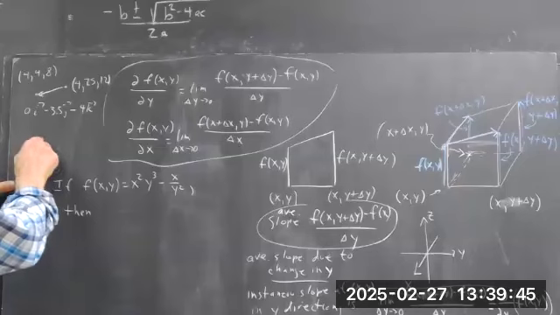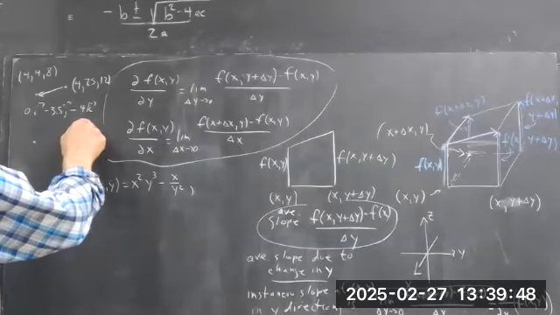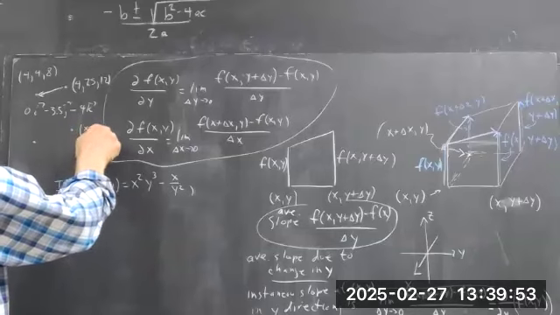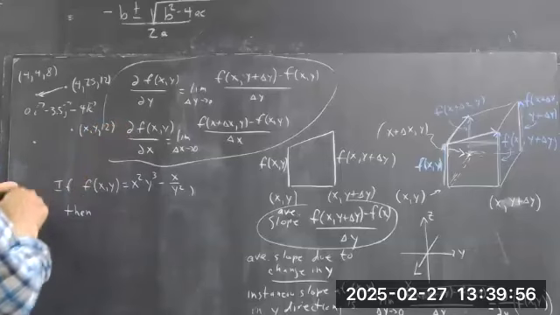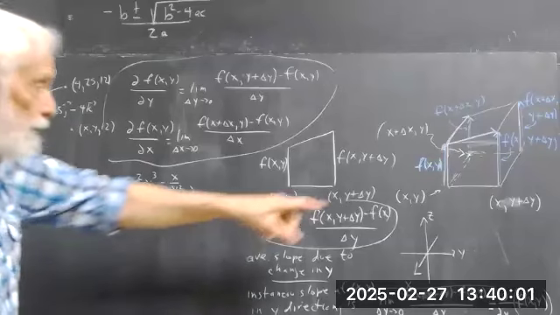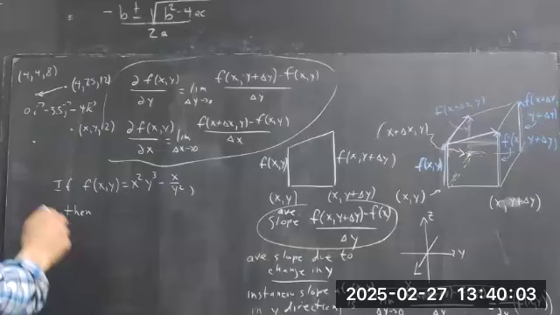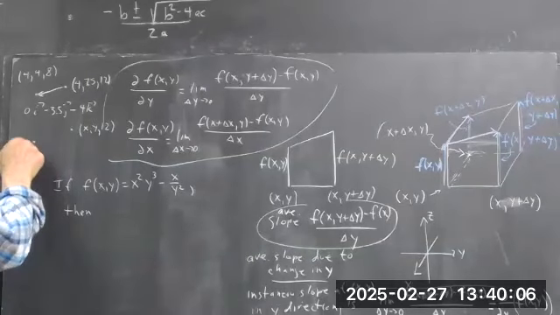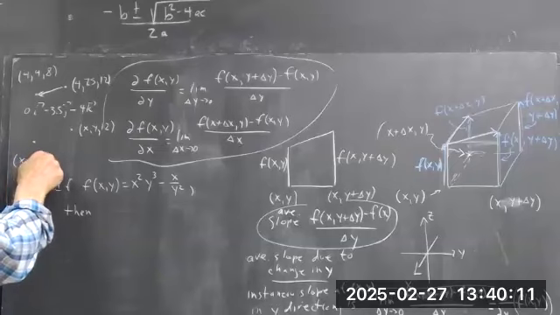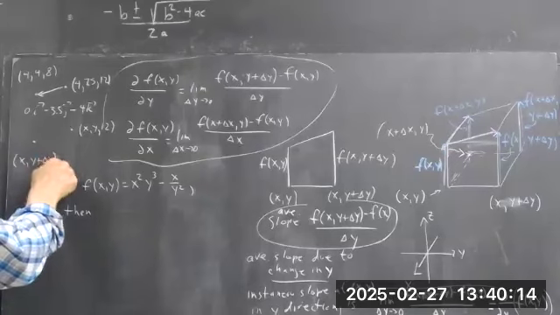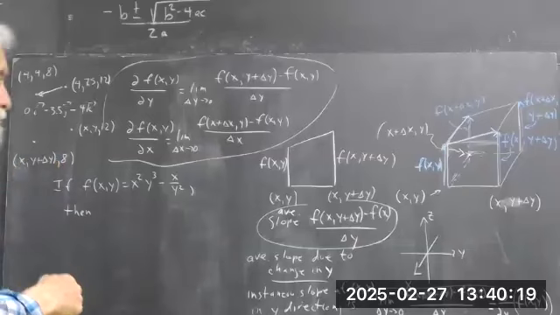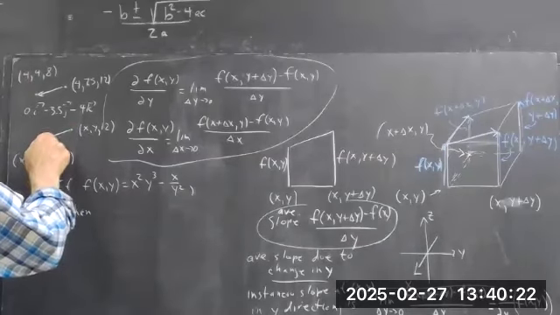If the points were x, y, 12, as they might be if you choose your x, y as that lower right-hand corner, and this point was x, y plus delta y, 8, what would the vector be?